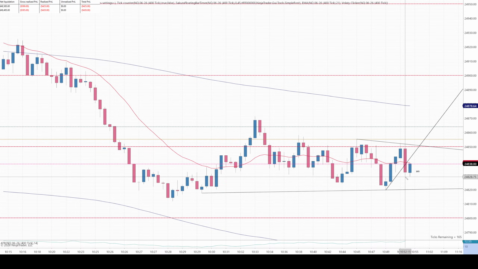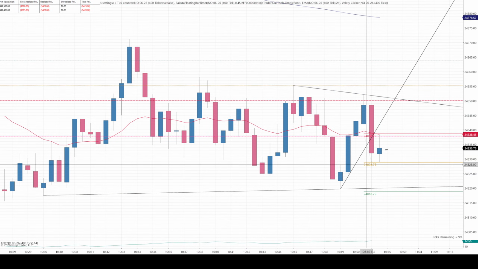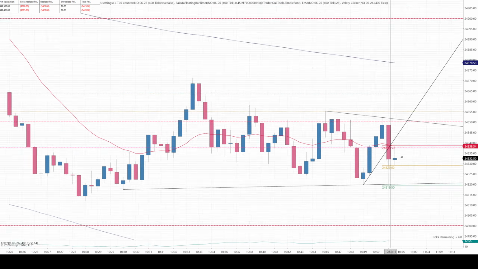If this candle's too big, never mind. I was going to say, yeah, this candle's too big. It's right on the cusp.